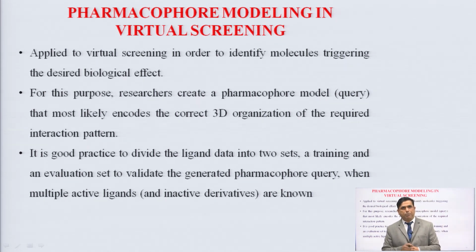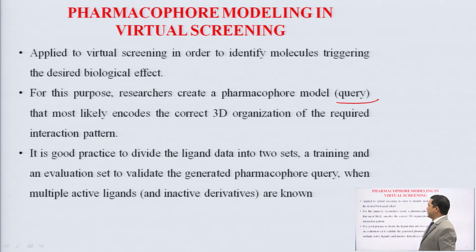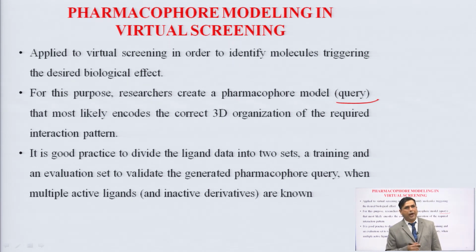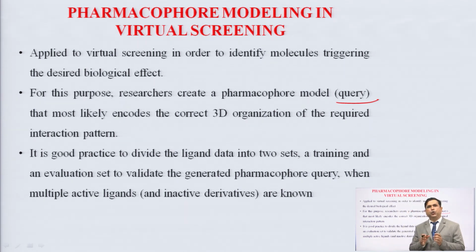For this purpose, researchers create a 3D representation, the 3D structure of the pharmacophore, that is called the query, that most likely encodes the correct 3D organization of the required interaction pattern. For virtual screening, we have to divide the data into two sets.